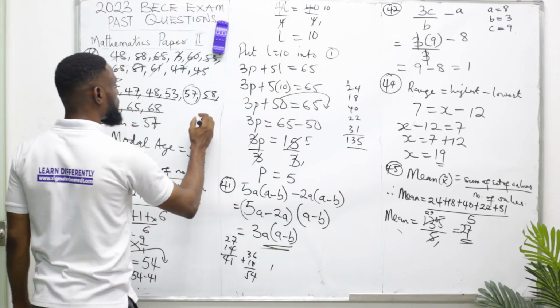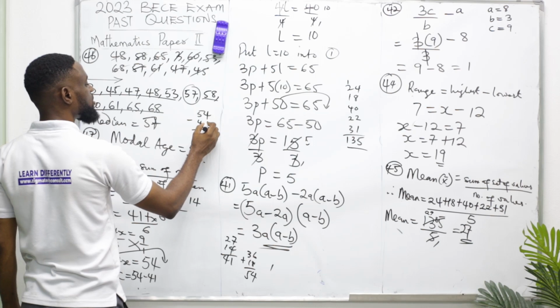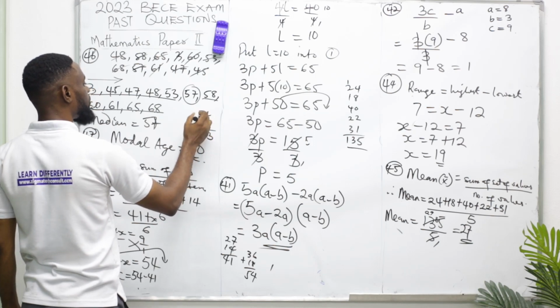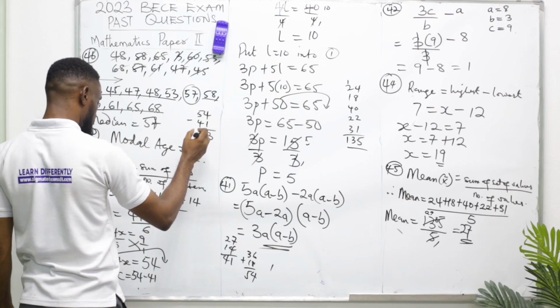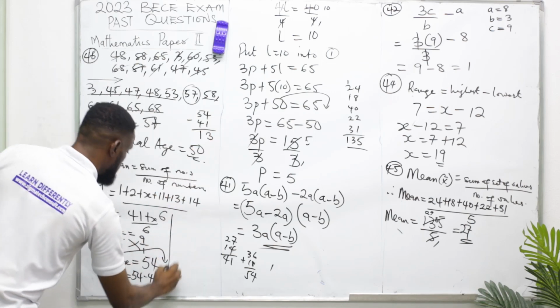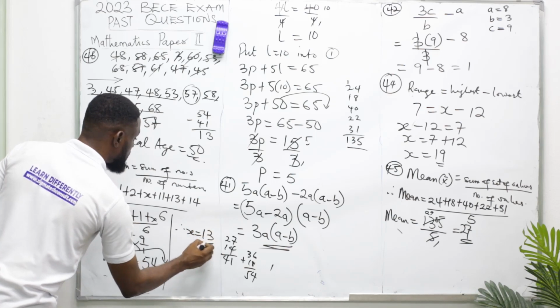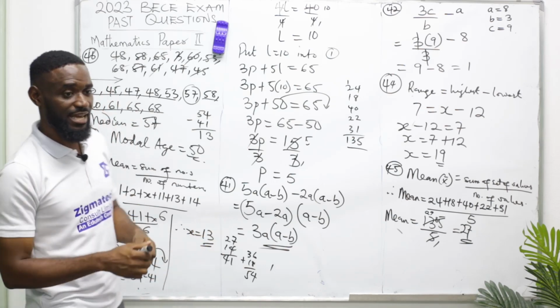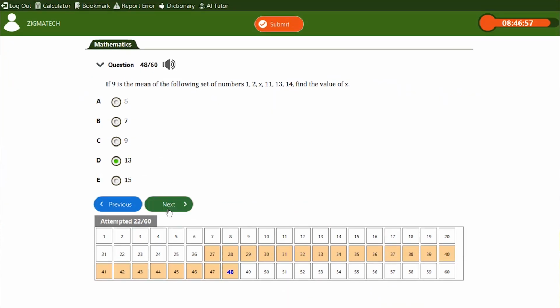If we do 54 minus 41, we'll have 4 minus 1 is 3. 5 minus 4 is 1. So therefore, x is equal to 13. So our x there is equal to 13 and is option D, right?